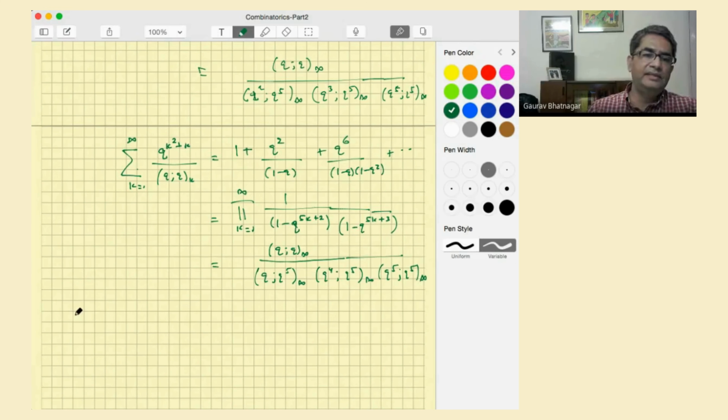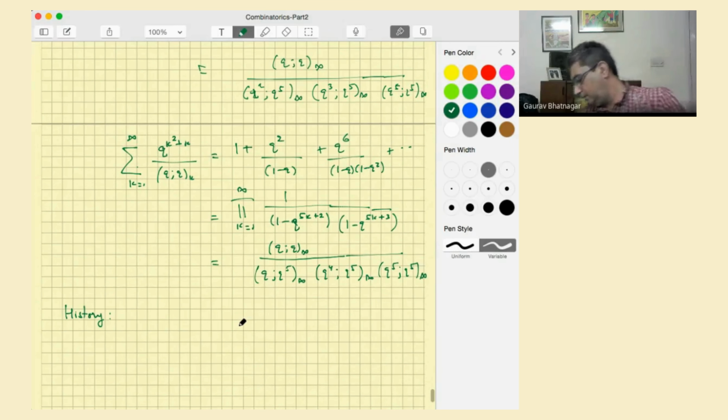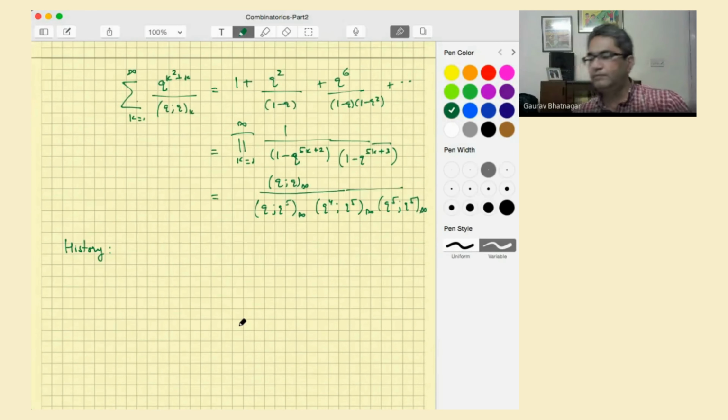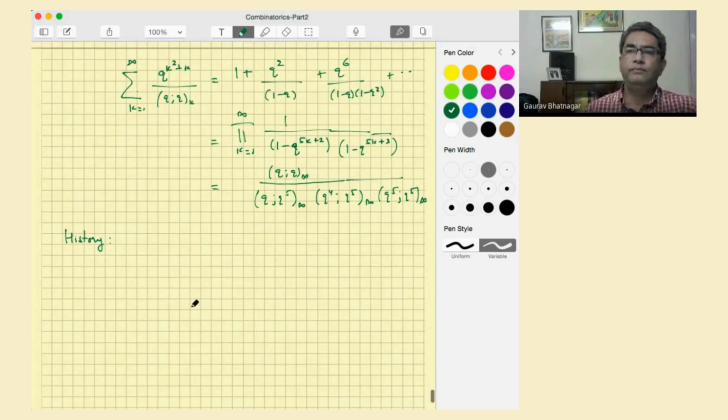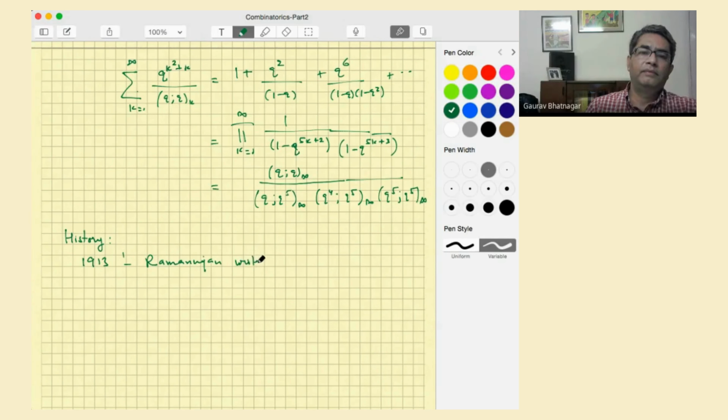And the history is as follows. In 1913, Ramanujan wrote them in a letter to Hardy.